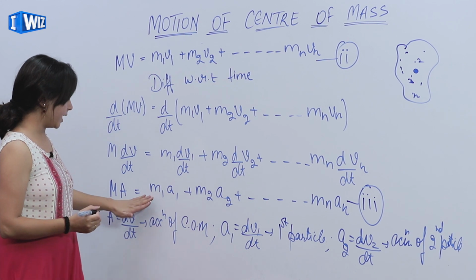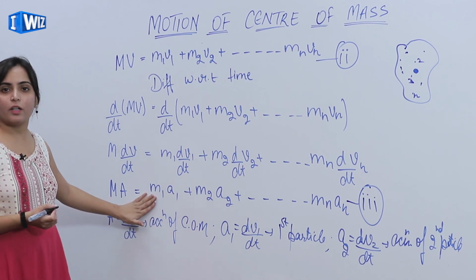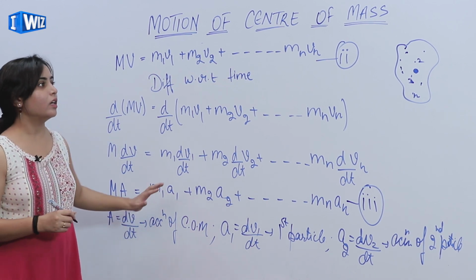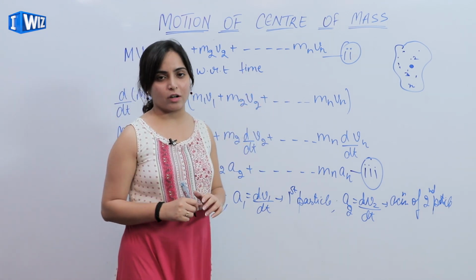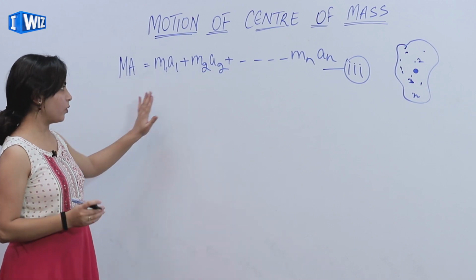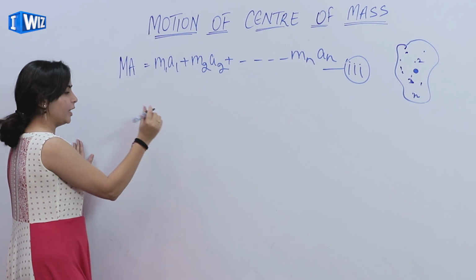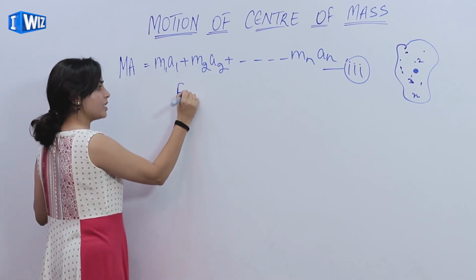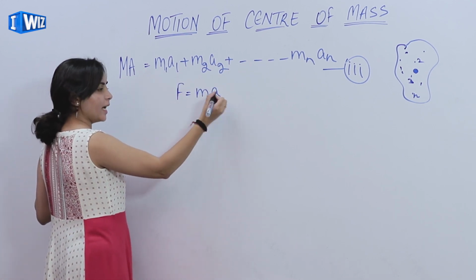Now we'll relate equation 3 with the forces acting on the different particles and center of mass. So now, from equation 3, we know force is equals to ma.